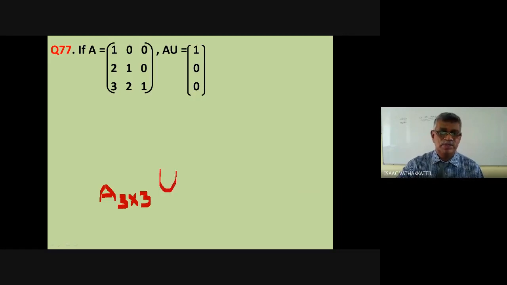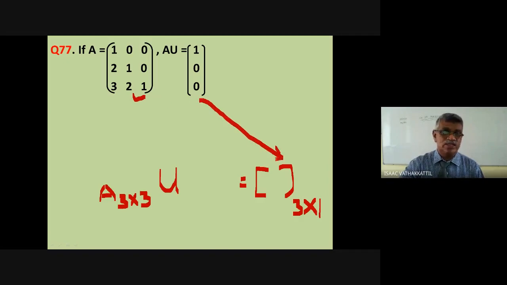what must be the order of U, so that you are getting the product, a 3 by 1 matrix? A is a 3 by 3 matrix, and the resultant product is a 3 by 1 matrix. So if you want the product, U must be of 3 by something.